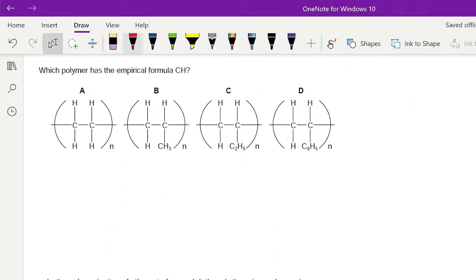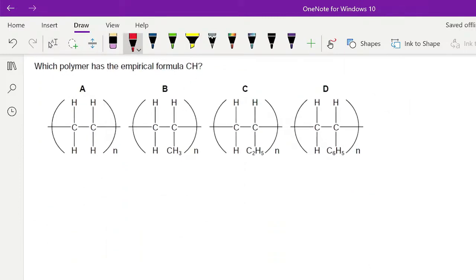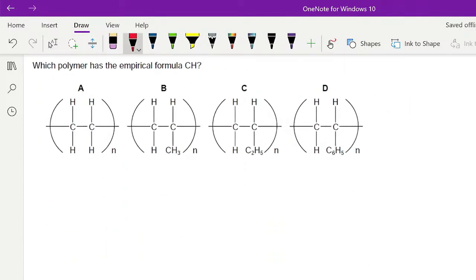Which polymer has the empirical formula of CH? So you just find out the empirical formula of each of these. C2H4, so that is CH2. This is the empirical formula, right? And here we have 1, 2, 3, C3H6, that's not CH, that's CH2.